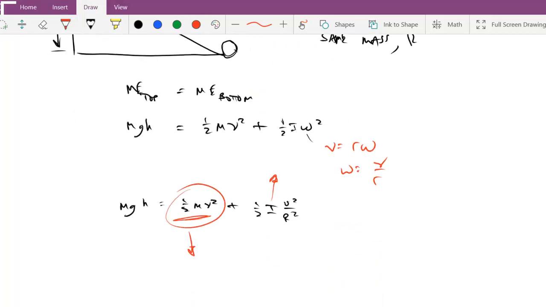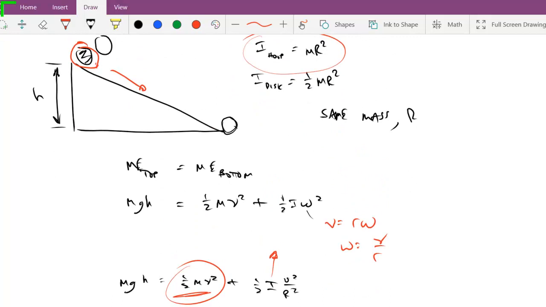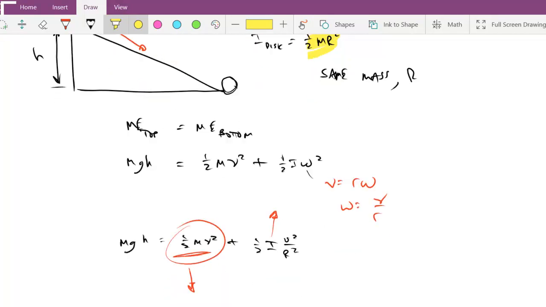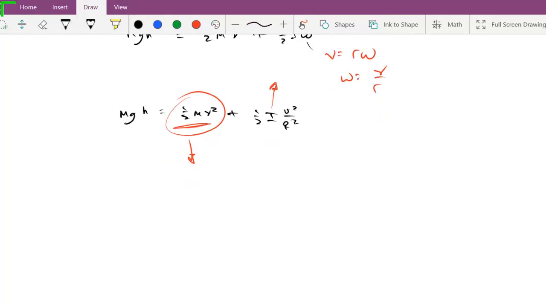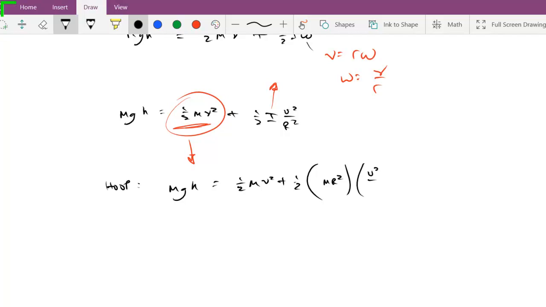And we can plug in both of these rotational inertias and just see. So for the hoop, rotational inertia is mr squared. The disk, it's 1/2 mr squared. So let's look at the hoop first. For the hoop, we have mgh is equal to 1/2 mv squared plus 1/2, the rotational inertia was mr squared, times v squared over r squared.